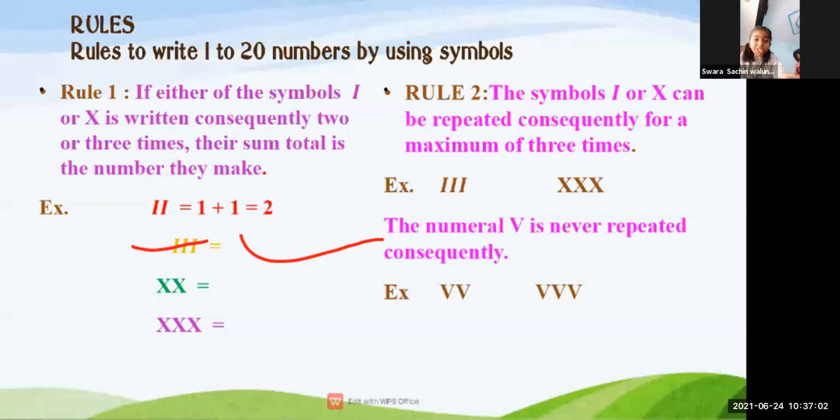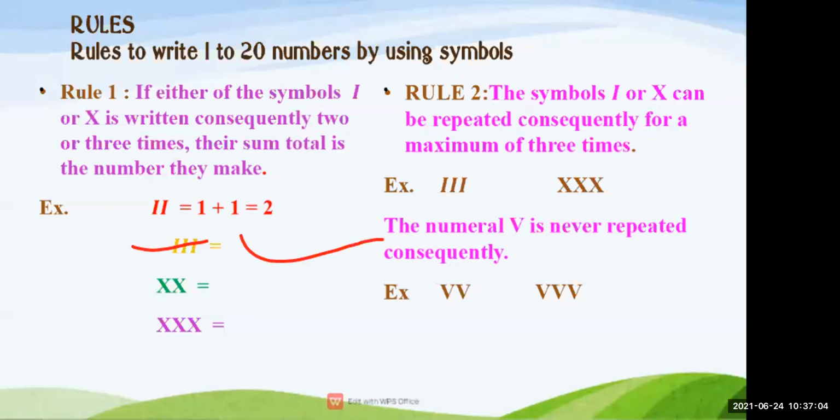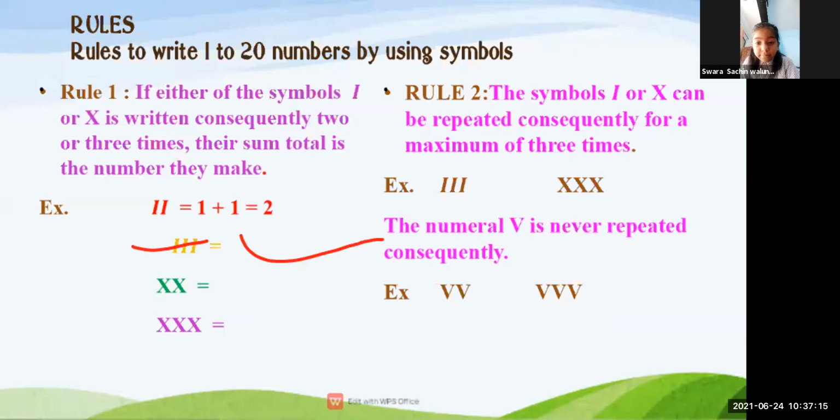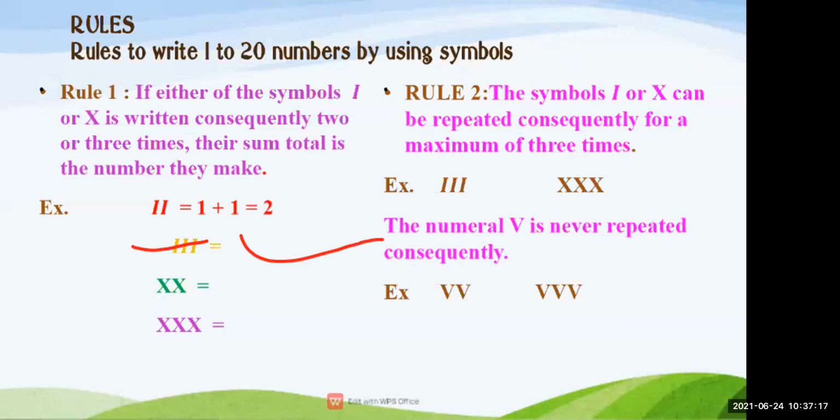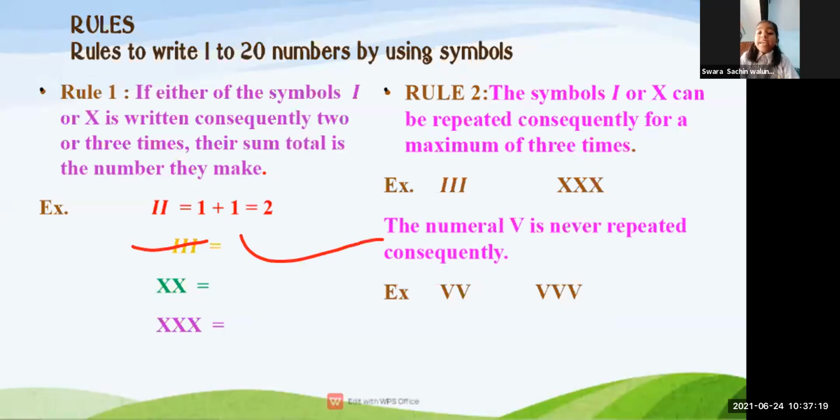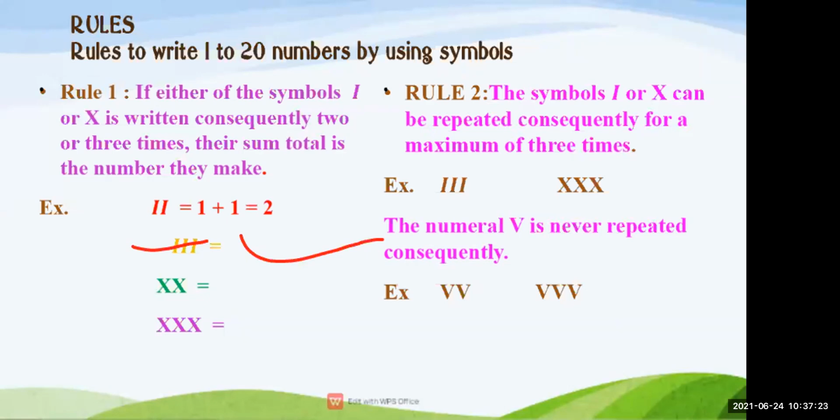Yes, teacher. Can you explain what is X? What is X first? 30, ma'am. But what is X? X means 10. Yeah. So how many times is X written there? 3 times.